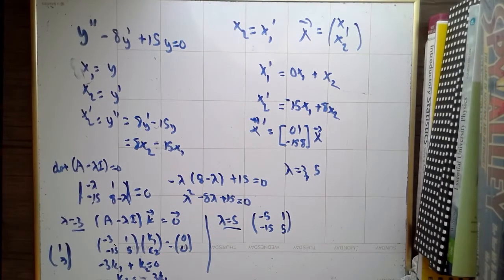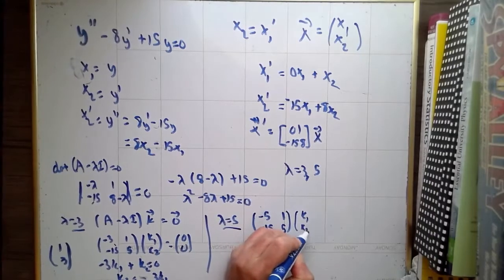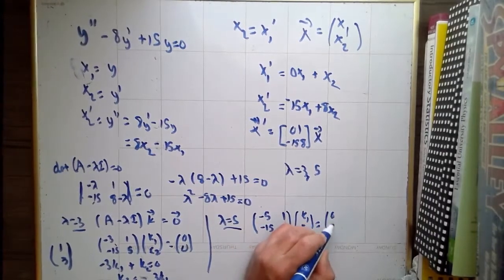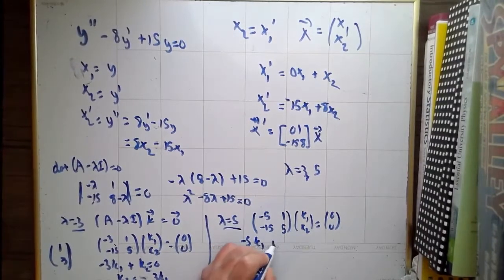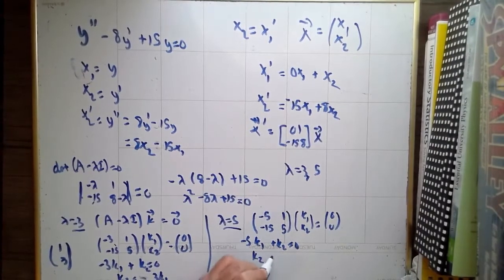If that doesn't happen, you've done goofed. But that's what happened here. k1, k2 must equal 0, 0. So negative 5 k1 plus k2 equals 0. I just took the top row. So k2 equals 5 k1. So then my vector, just swap coefficients, will be 1, 5.